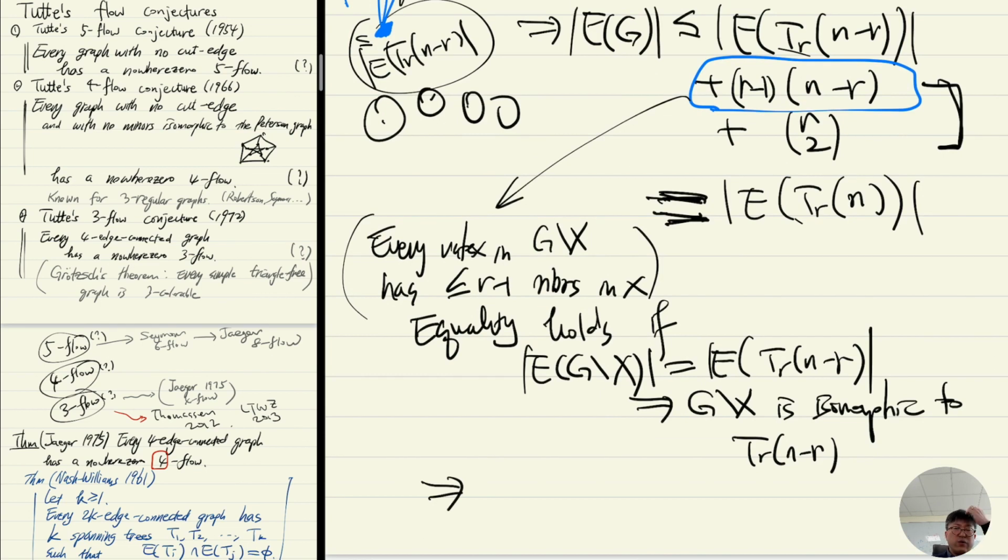And the only way you can achieve this equality is if every vertex outside of K is adjacent to exactly r minus 1 vertices, and that can only occur if the graph is a Turan graph.